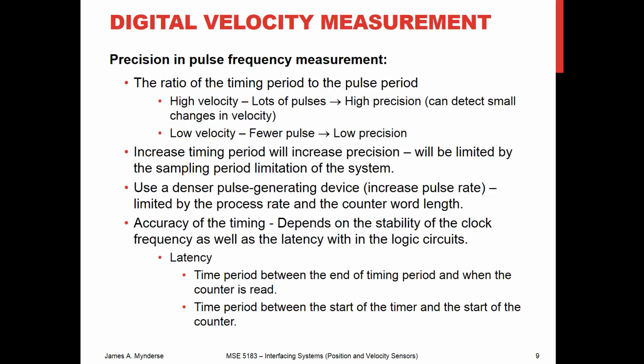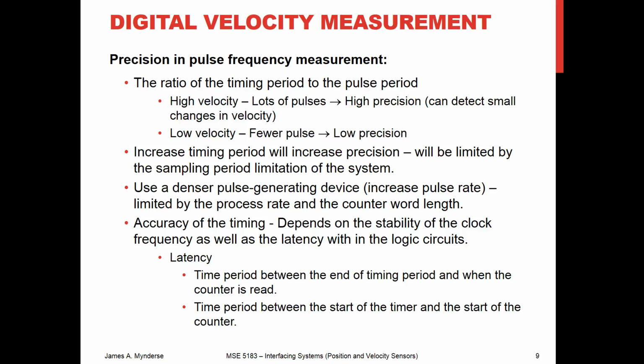So if we know that we've got a high velocity, we're going to get lots of pulses. And if we've got lots of pulses in the fixed length of time, then we should have a relatively high precision, because a few counts one way or the other isn't going to change things very much. If we've got a low velocity, we've got fewer pulses, and so we would expect to have a lower precision. So we've got options on how to do this.